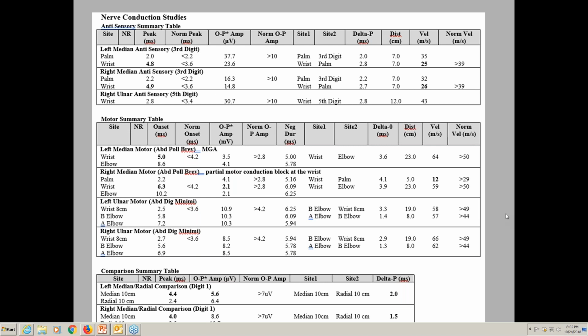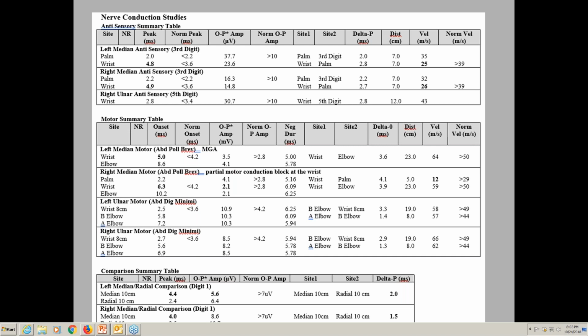So the left median motor has prolonged latency, but the right median motor has... I mean, you've got it written there. There's a partial motor conduction block at the wrist. Okay. It's got a prolonged latency at the wrist, as well as a slowed nerve conduction across the palm. Or across the wrist, sorry.